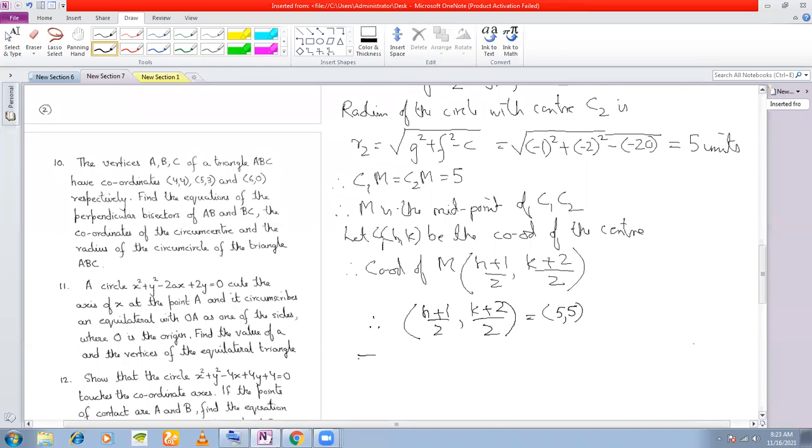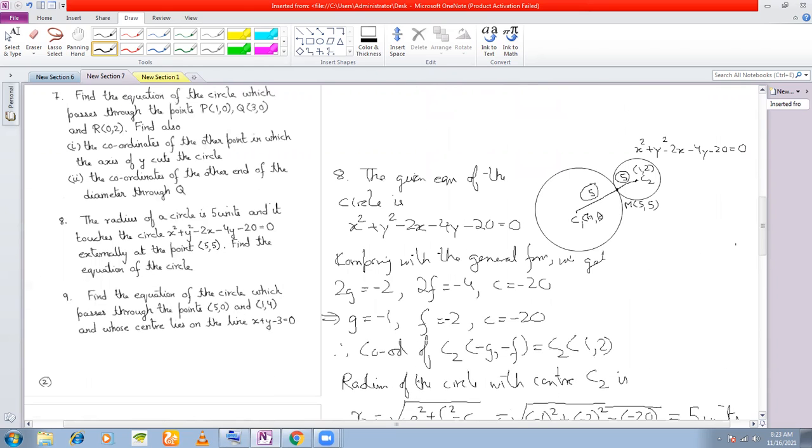From here, you can find out the values of h and k. You will get h is equal to 9 and k is equal to 8. So we have got the coordinates of the center and we also know the radius, 5 units.